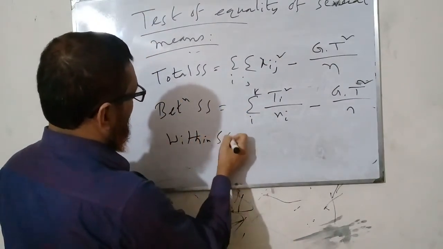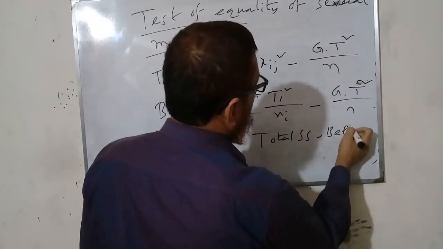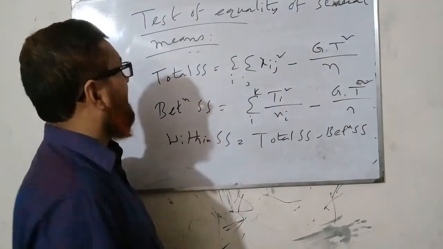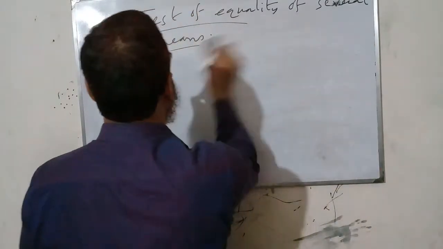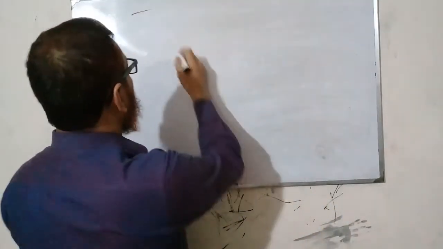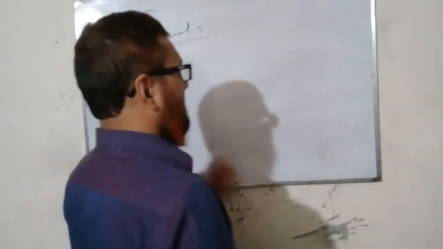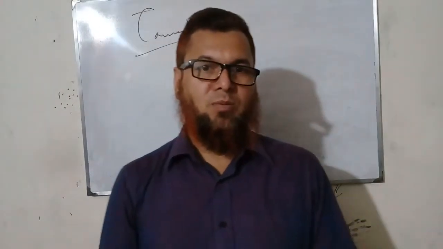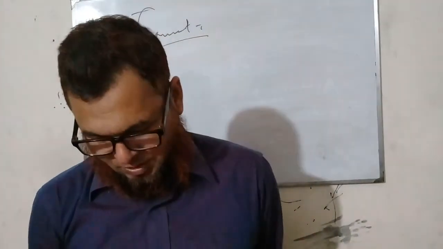Within SS equal to total SS minus between SS. And finally comment. If calculated F is greater than tabulated F at 5% level of significance, then we may reject the null hypothesis, otherwise accept it.